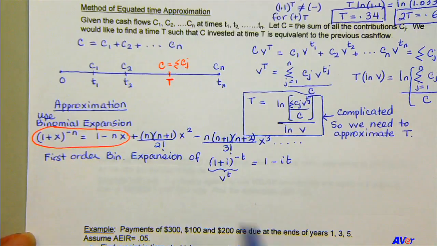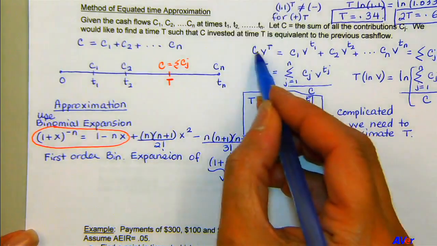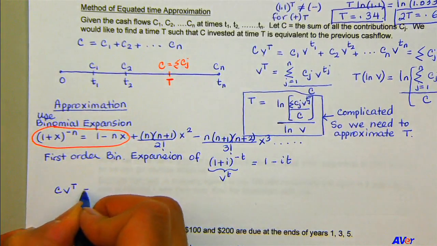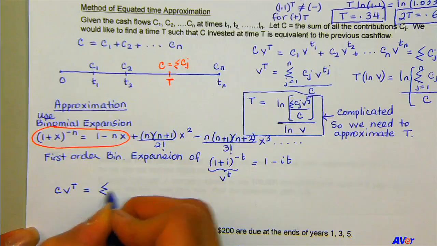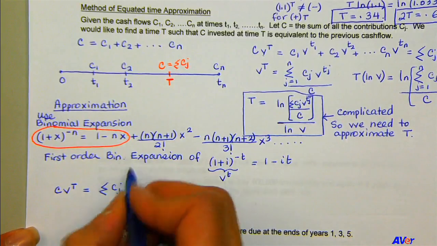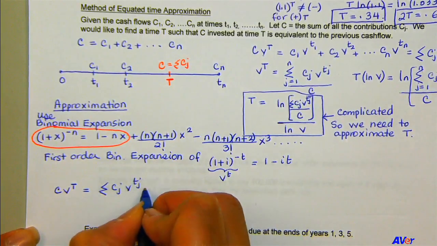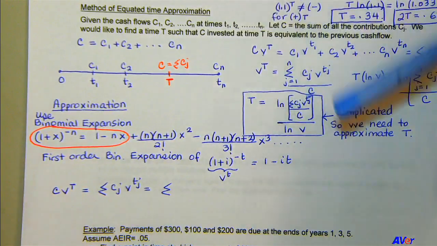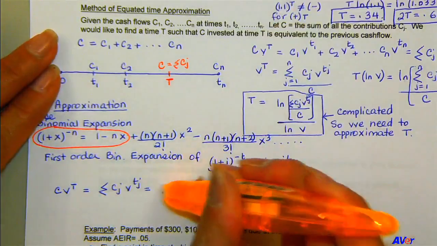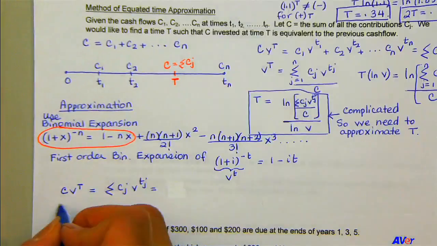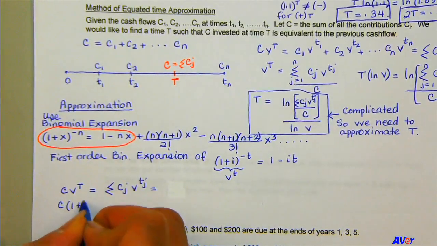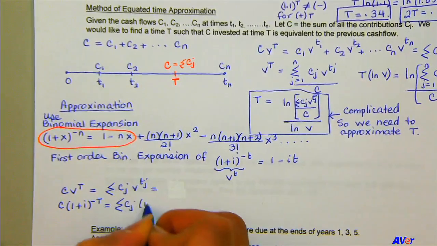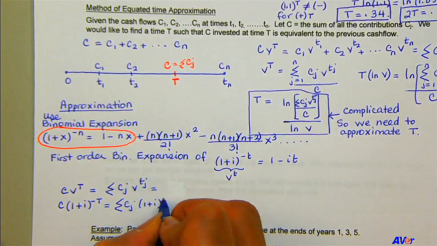So I have c v^t equals the sum of cj v^tj. Let me write them both in terms of 1 + i. So c(1 + i)^(-t) equals the sum of cj (1 + i)^(-tj).